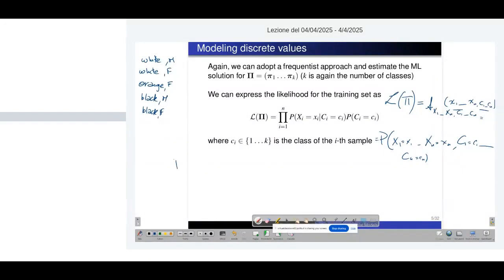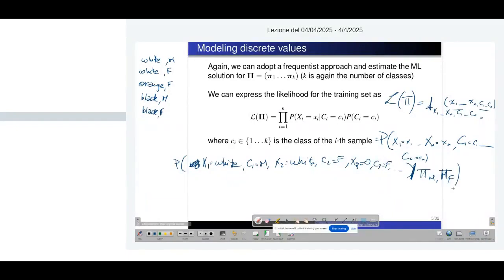That's the probability of x1 equal white, c1 equal male, x2 equal white, c2 equal female, x3 equal orange, c3 equal female, etc., etc. I will just use the initial for the colors. This is the likelihood, the probability given the model parameters for the male and the female class.